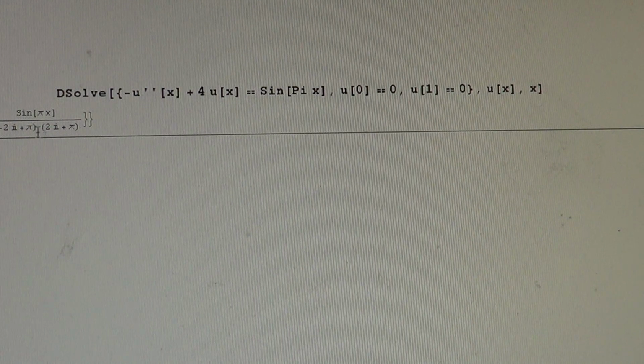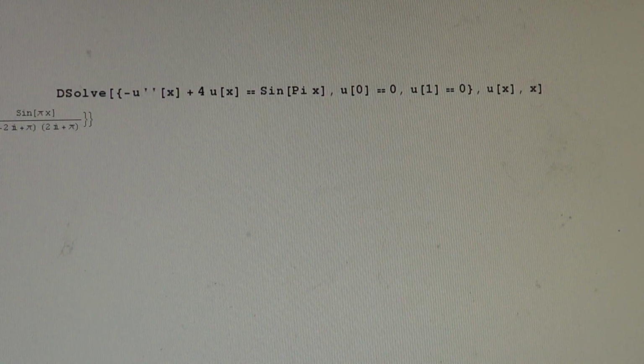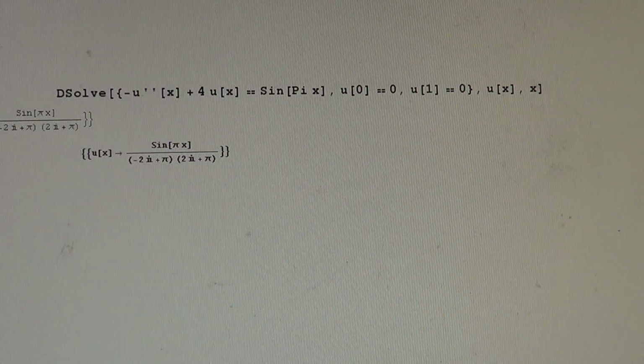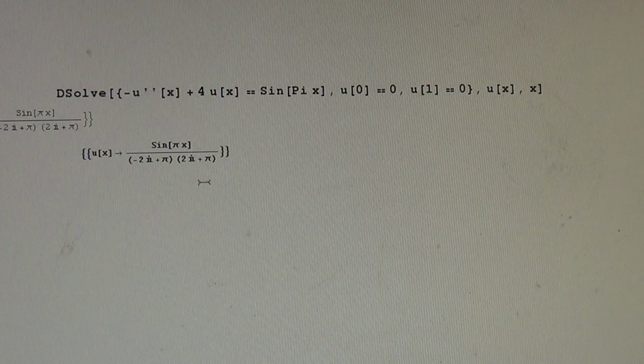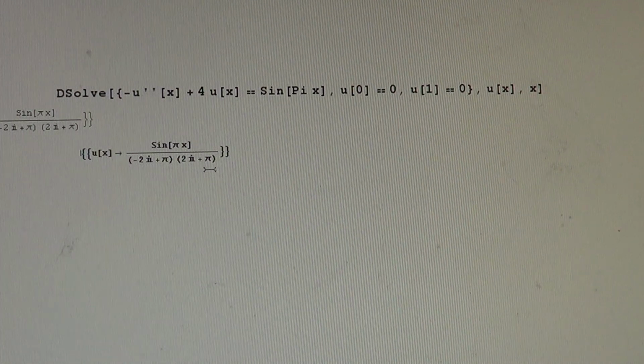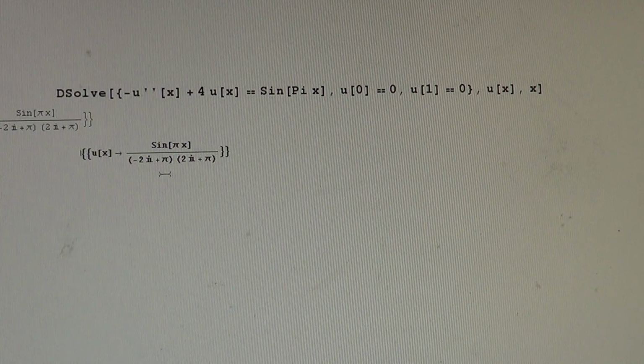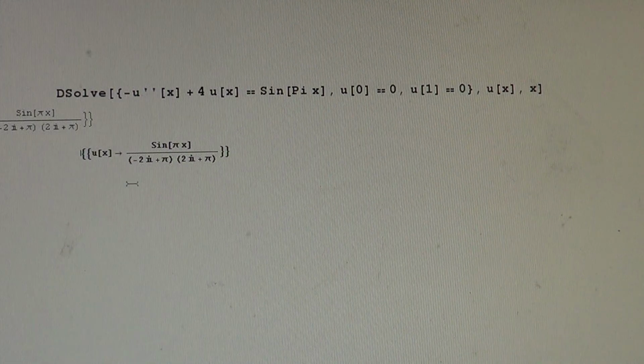Okay, and we have the solution here: sine pi x over pi square plus 4, because pi plus 2i times pi minus 2i is pi square plus 4, evidently.